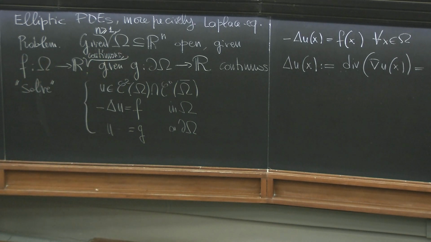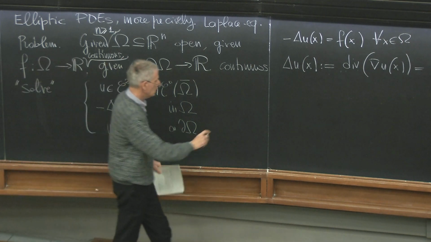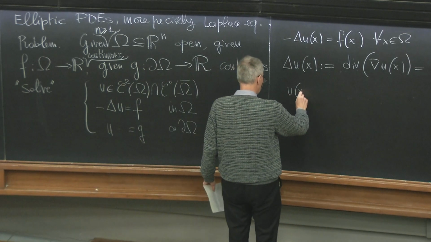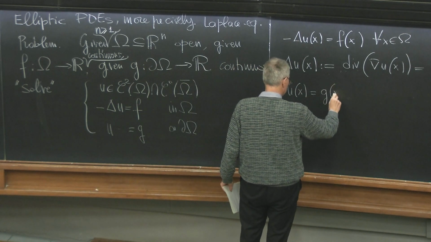Given g continuous, this means again that at any point of the boundary I want u to be equal to g.